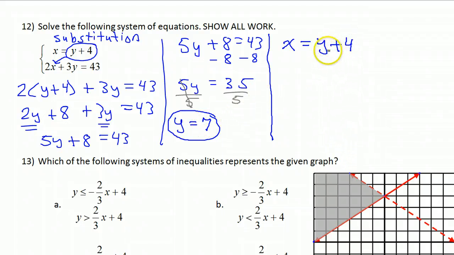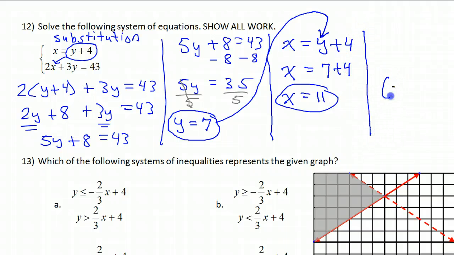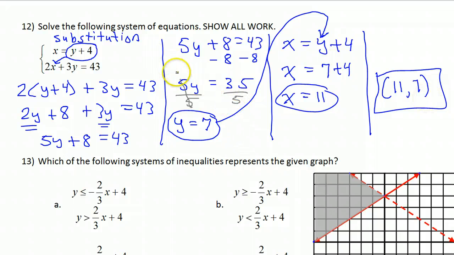So if I put in the 7, then x is equal to 7 plus 4, so x is equal to 11. As an ordered pair, I could say (11, 7) would be the solution. So that's how you could do number 12.